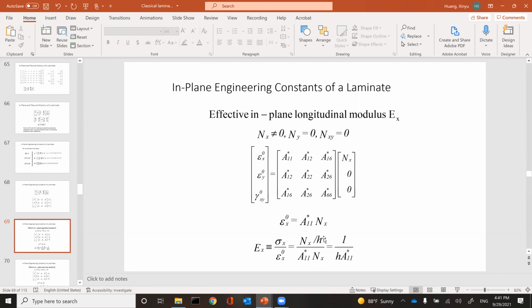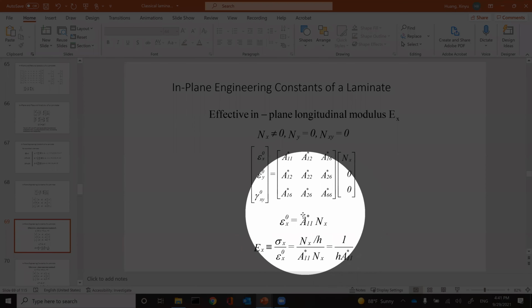It's Newton per how wide the plate is. Now, if you take the Newton divided by how wide the plate is, and then divide by how thick the plate is, that will be average stress. Width times thickness is area, right? So you take Nx divided by thickness h, that gives you the total load divided by the total area, which is average stress, right? That's average stress, Nx divided by h.